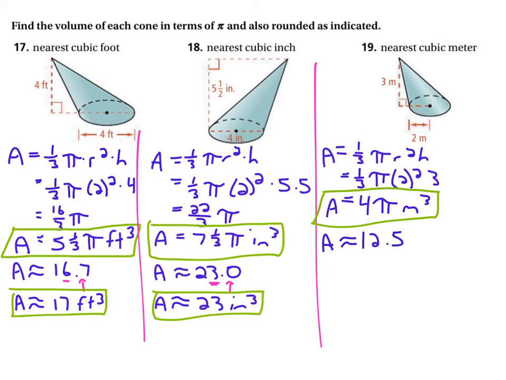We really only need that because we're rounding to the nearest whole unit. So is this 5 or higher? Yep, it is 5 or higher. That means that 2 will round up to a 3 and we get approximately 13 meters cubed. Okay, that's it.